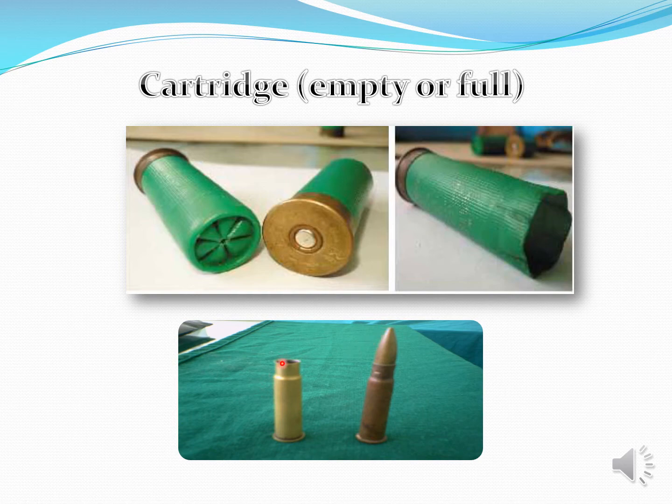Is this empty or full? It is empty, no bullet covers it. In this type no bullet covers it, so it is empty. What about this cartridge, empty or complete? It is complete or full, because the bullet covered it.